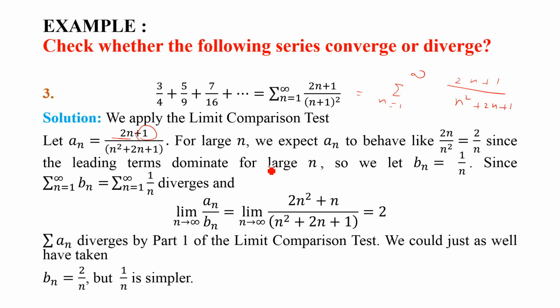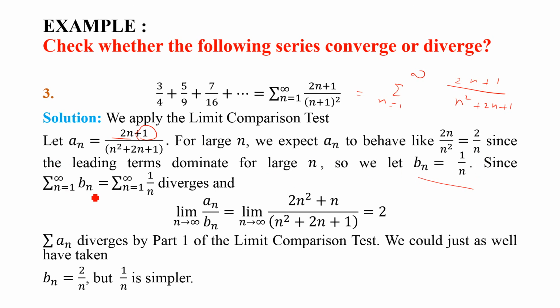So we can say that for very, very large n, an behaves like 2n over n squared. That is, its behavior will be like 2 over n, right? Since the leading terms dominate for large n, we let bn equal 1 over n. So we can compare this with 1 over n.